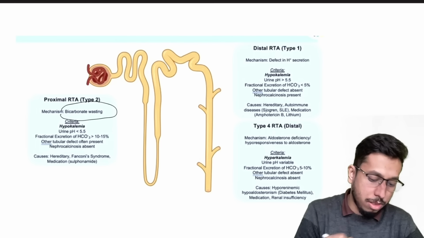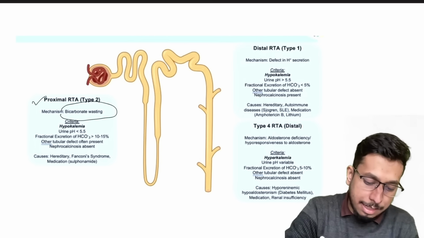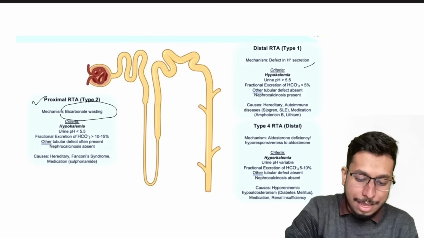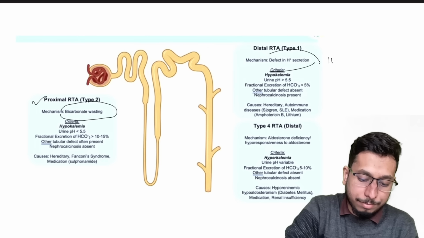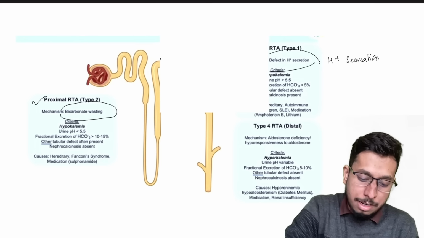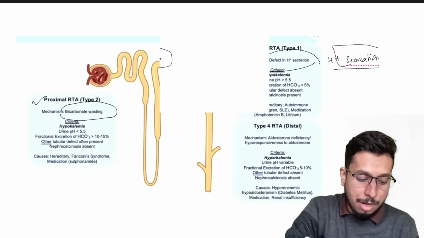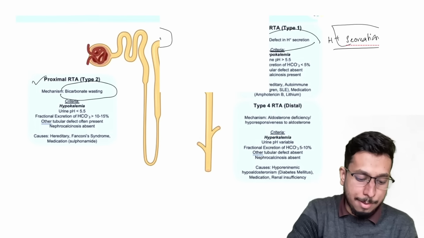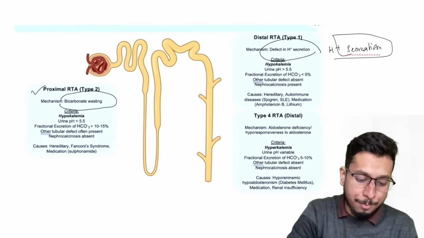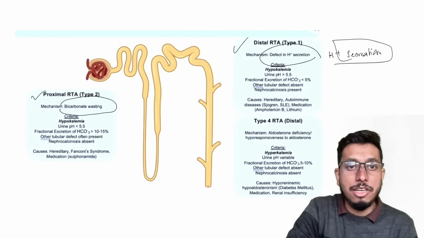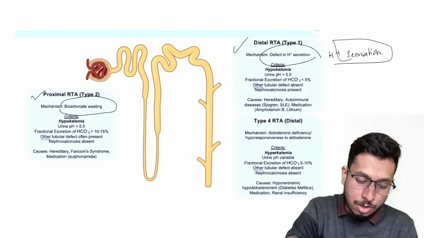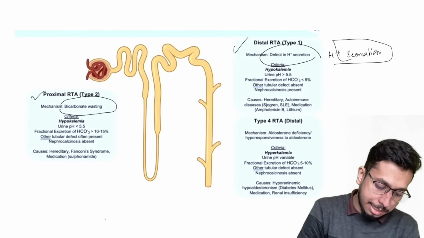We give the name proximal RTA. If it is defect in acid secretion or H plus ion secretion, defect is usually at the level of the distal most part, and we give it the name distal RTA or distal renal tubular acidosis.